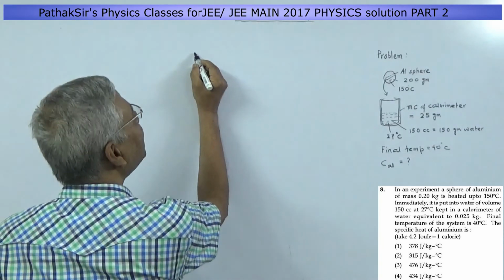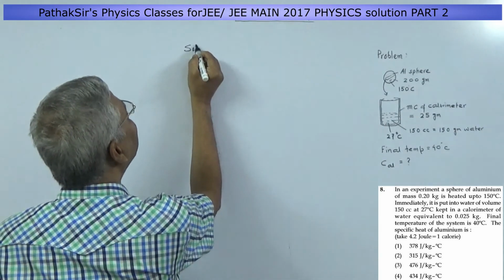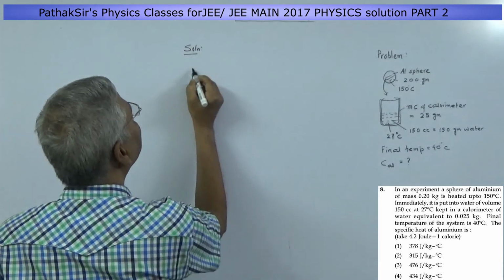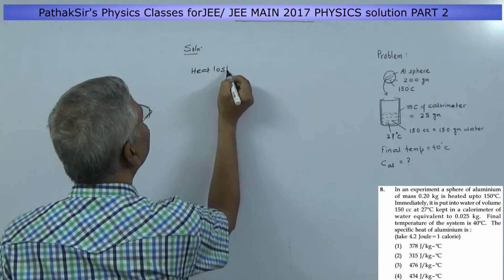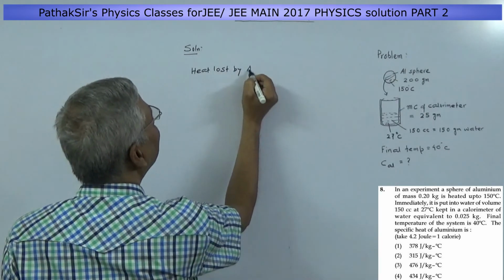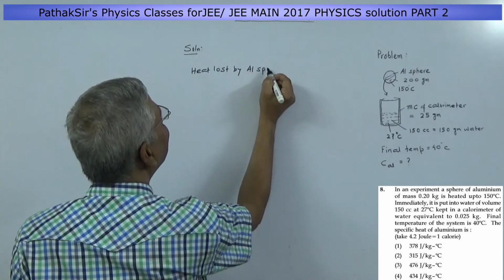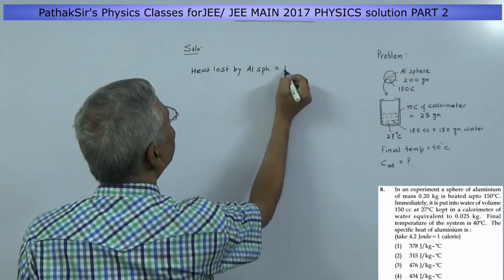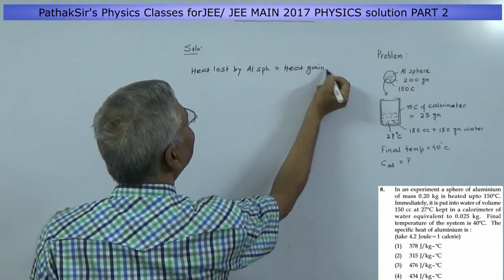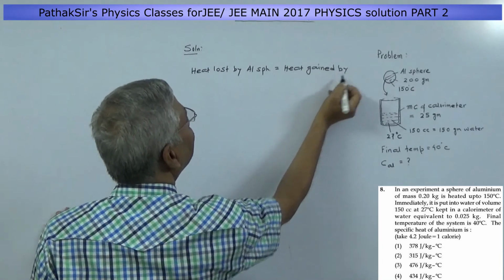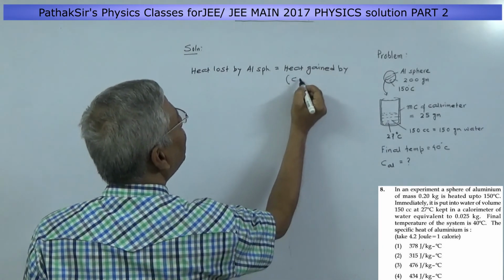So heat lost equal to heat gained. Heat lost by the aluminium sphere equal to heat gained by the calorimeter plus water.